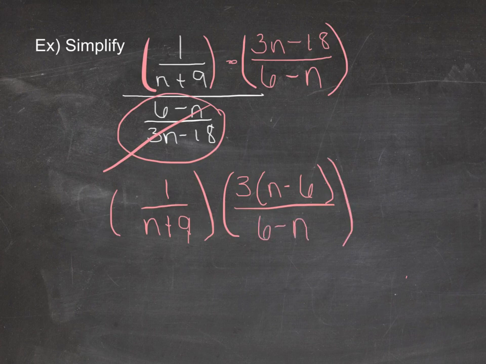Again, I'm looking to see, can I cancel anything in each of the brackets separately, or can I cross cancel because I'm dealing with fractions?